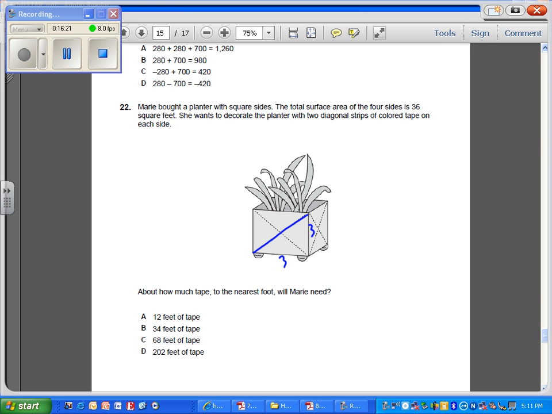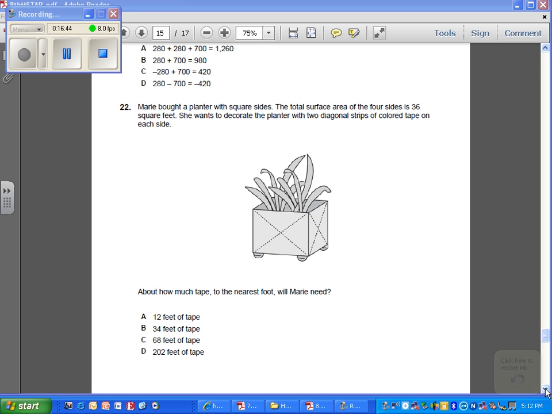I'm going to have to find out what the hypotenuse is, that's C, and then I'm going to do that twice, and then I'm going to do it 4 times total. If I find one and do it 8 times, you'll end up about how much, so I'm rounding, so it's going to be about 34 feet of tape. Just don't forget we've got 2 per side.